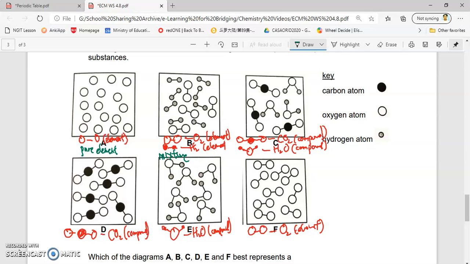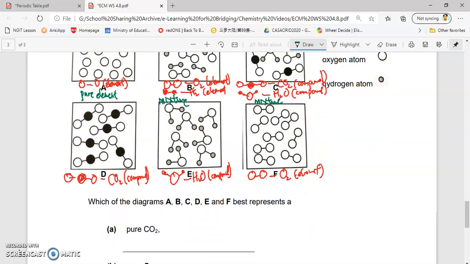This one consists of two compounds, so obviously this is a mixture of two compounds. This one only consists of CO2, which is a compound, so this is a pure compound. This one here only consists of one compound, so this is also a pure compound. This one consists of an element only, so this is a pure element.